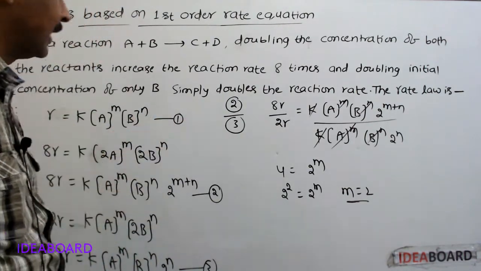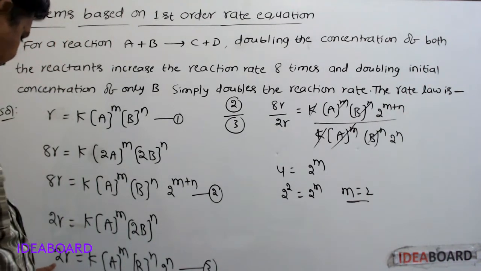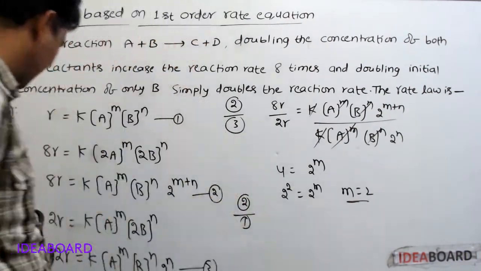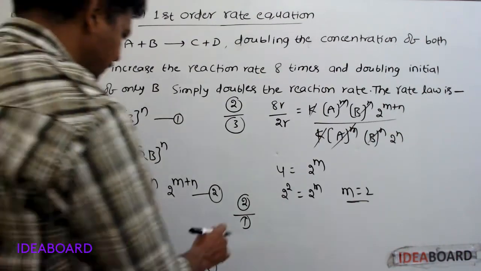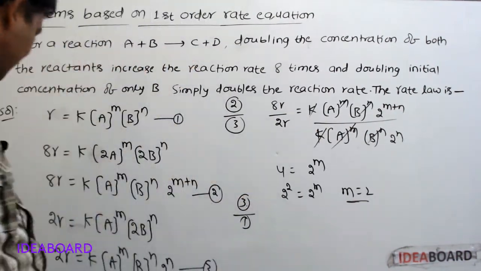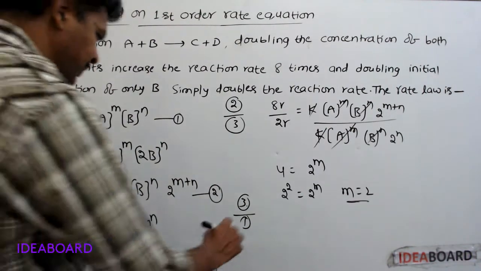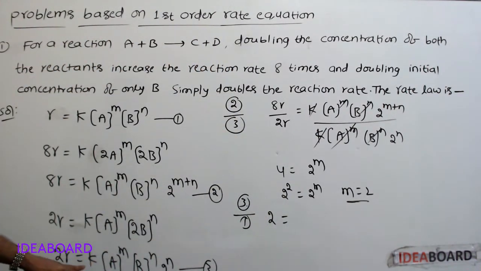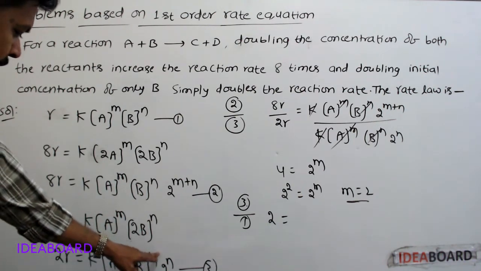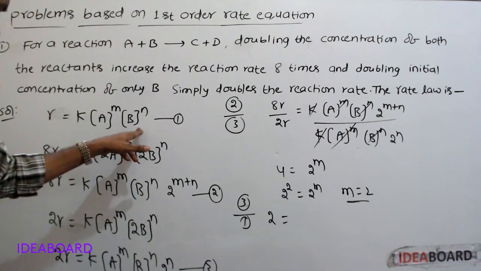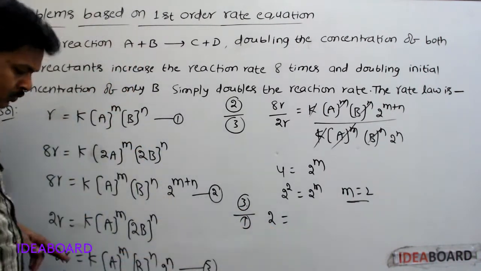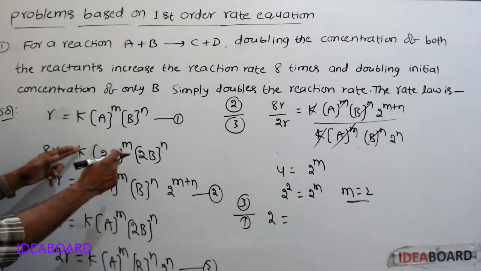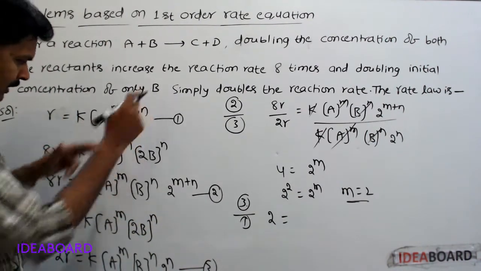Now let us calculate n value. I am taking 3 by 1, third equation by first equation, 2R by R. 2R by R means 2 only. 2 is equal to K into A concentration power m into B concentration power n into 2 power n, divided by K into A concentration power m into B concentration power n.